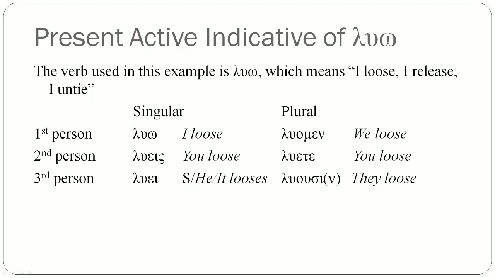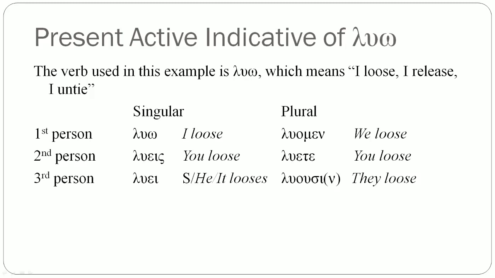I think most other languages, Spanish, French, German, Romanian, okay, they all use what we call the infinitive form as the kind of basic form. To plus your verb, to walk, to run, to jump, to loose. Okay, here in Greek, the form that we're going to be using as the dictionary basic form is actually a first-person singular of the present active indicative. Okay, I loose. So the first-person singular is luo.